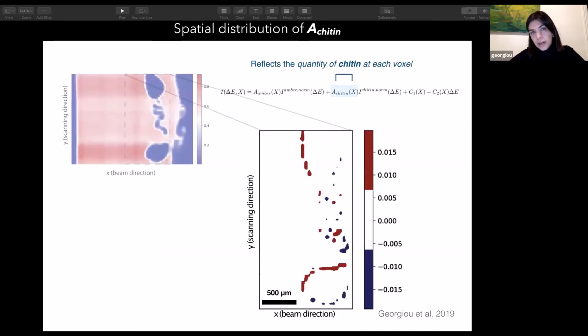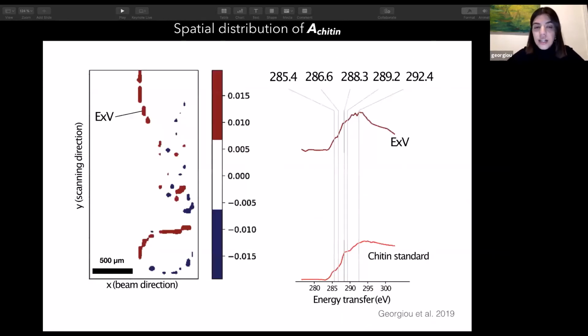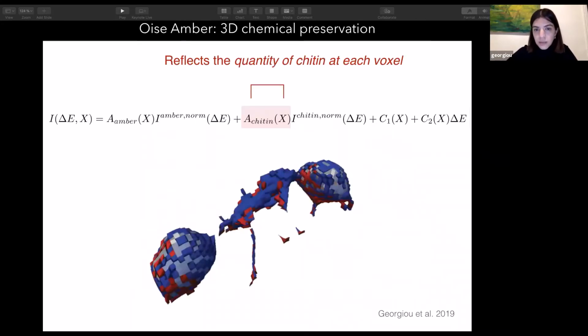And by having the spatial distribution of this A chitin parameter at each voxel, we saw that it is increased in the ventral exoskeleton, and it is decreased in the dorsal exoskeleton. And we saw that in the ventral exoskeleton, we have a chemical signature that is similar to our chitin standard. And that's not the case at the dorsal exoskeleton close to the surface of the specimen.